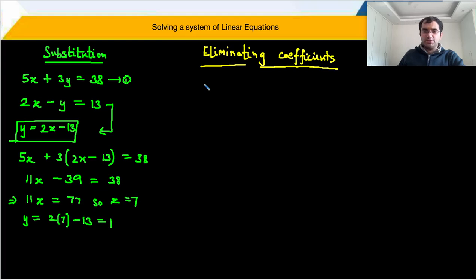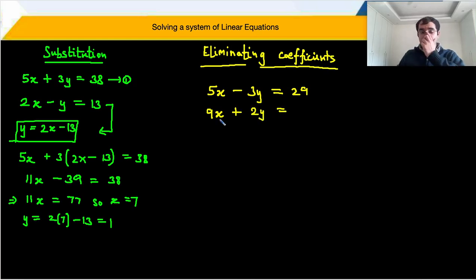So let me take some equations. 5x minus 3y is equal to 29, and 9x plus 2y is equal to 30. Just making up some equations.